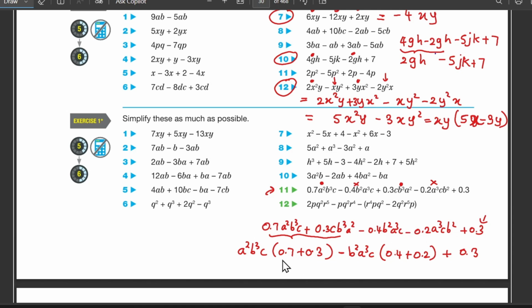Okay, so simplifying the brackets, this is 1, right? So we get a squared b cube c times 1, we don't have to write 1. And these two we get 0.6 b squared a cube c plus 0.3. So this is our final answer.